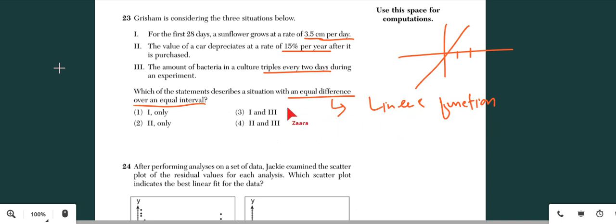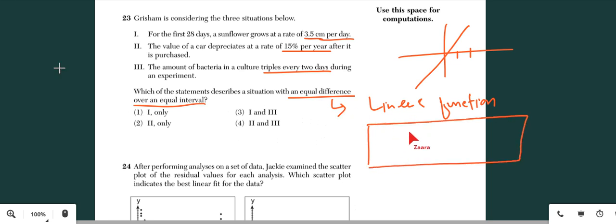What is the characteristic of a linear function? When we were learning through some table of function values, for example, I'm taking some x values 0, 1, 2, 3, 4, 5.